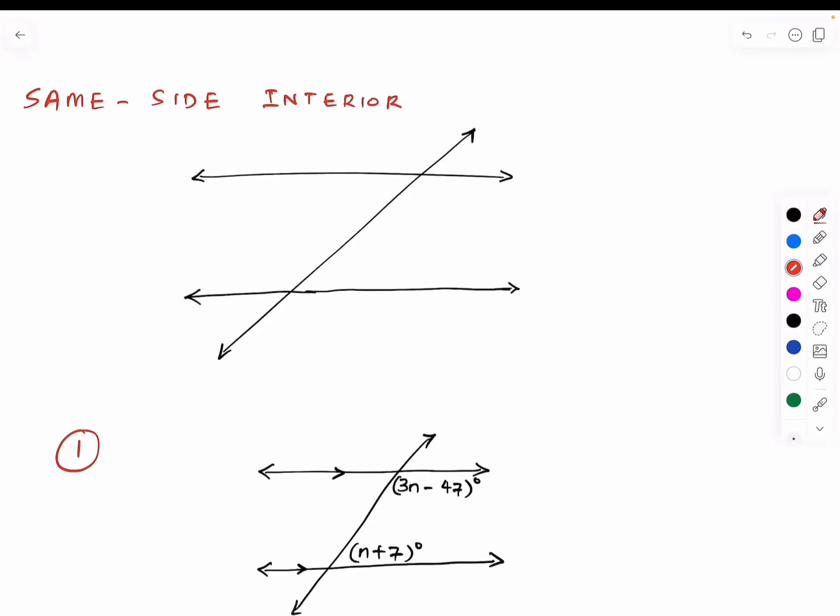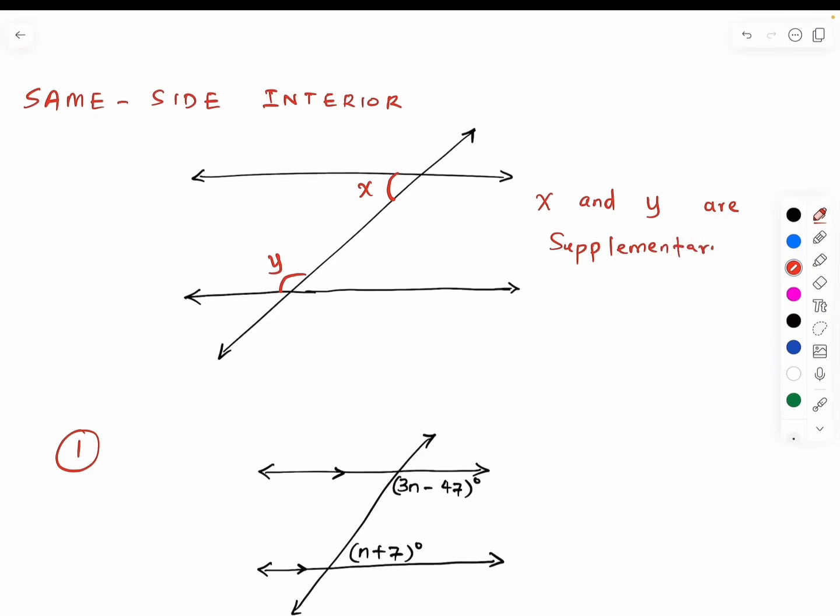Interior means inside, so this angle is inside, and the angle on the same side with it is this angle right here, let's call that Y. If you have same side interior angles, these two angles are supplementary, which means X and Y are supplementary.